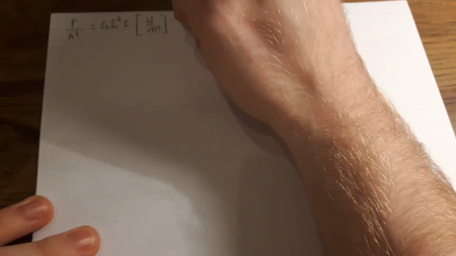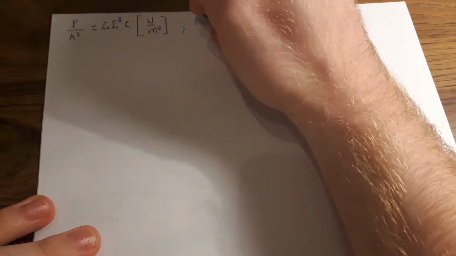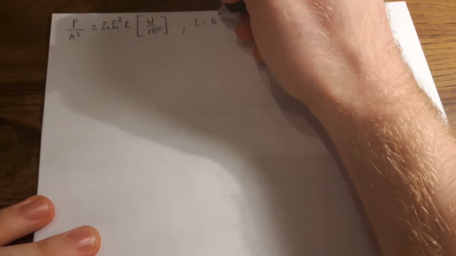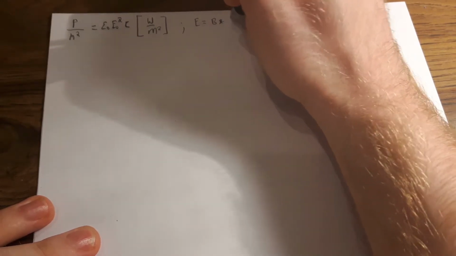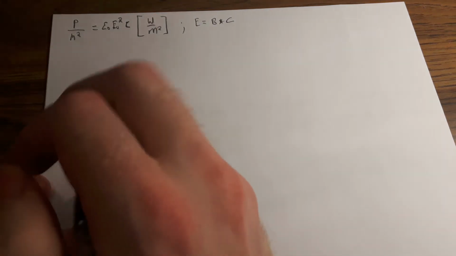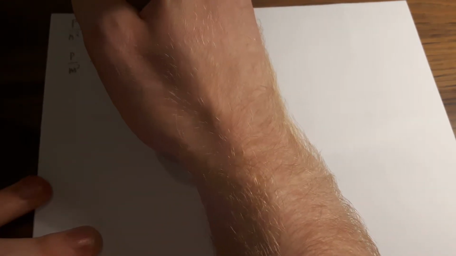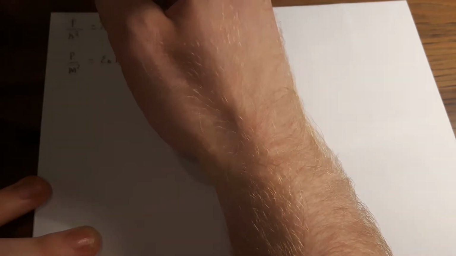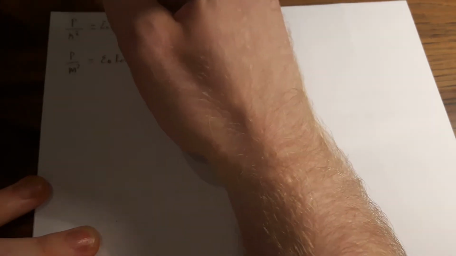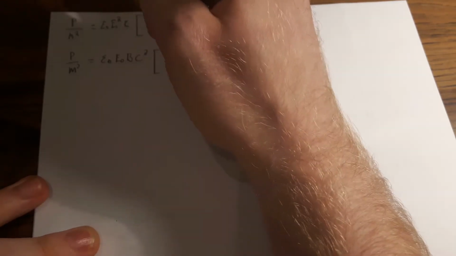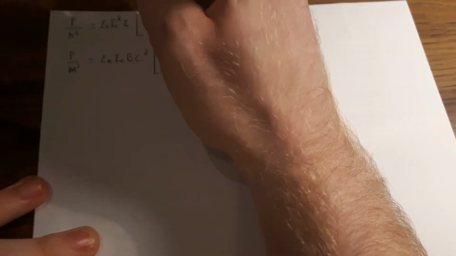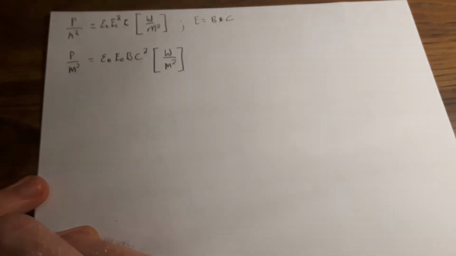But we know that E is equal to B times C. So this can be expressed as epsilon naught E naught B naught C squared watts per meter squared.